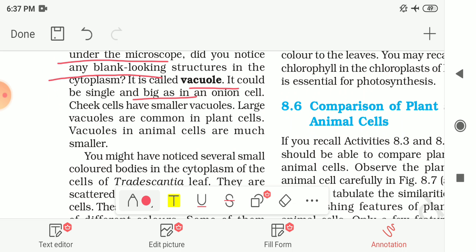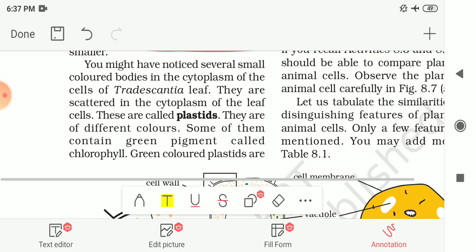Cheek cells have smaller vacuoles. Large vacuoles are common in plant cells. In plant cells the vacuoles are larger compared to animal cells, and vacuoles in animal cells are much smaller.